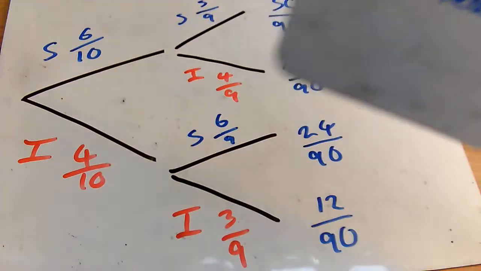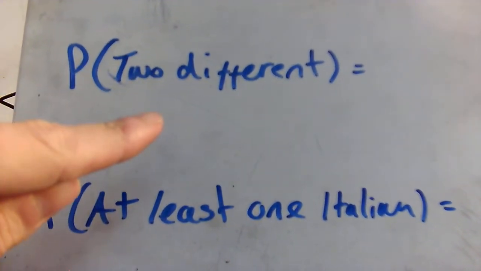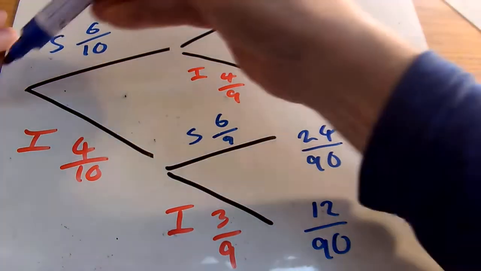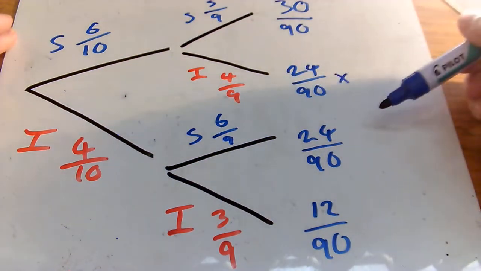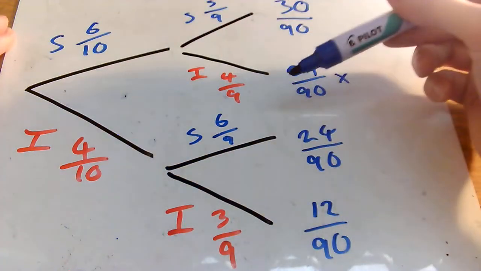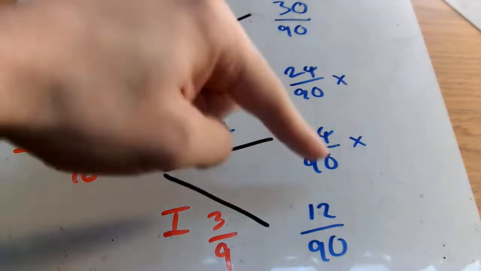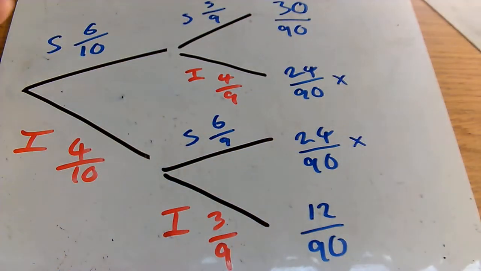Now, the reason I said don't simplify is because of a question like this. What's the chance of getting 2 different books? So there's different ways that can happen. We could get Shakespeare and Italian, so we would need this one, but also we could do Italian and Shakespeare, so we need this one as well. So that means we're going to add these 2 together because this or this, that's both good.